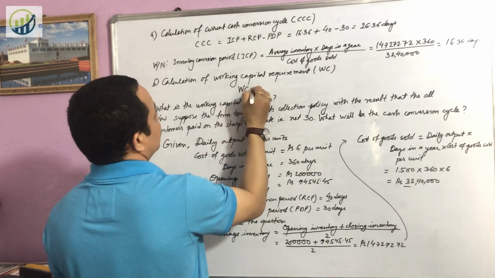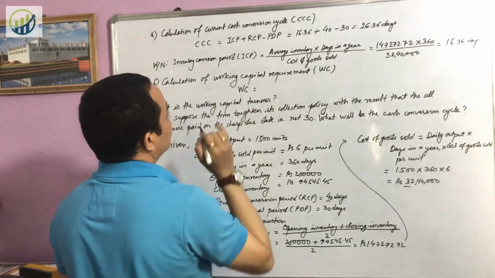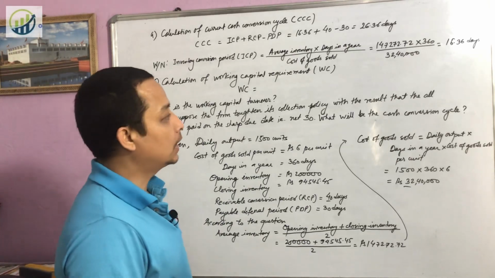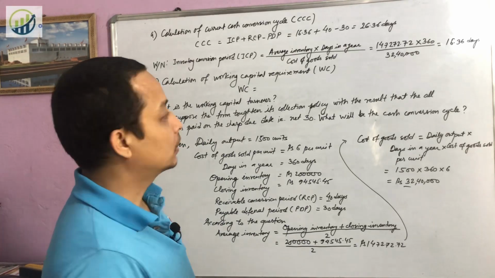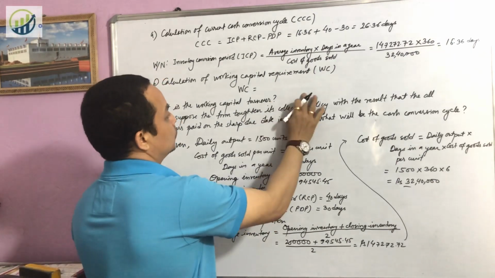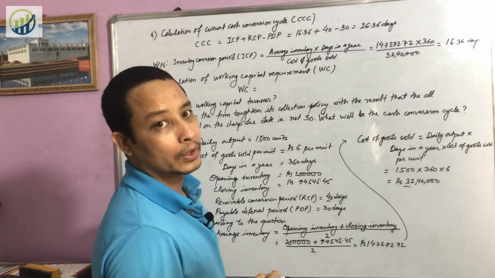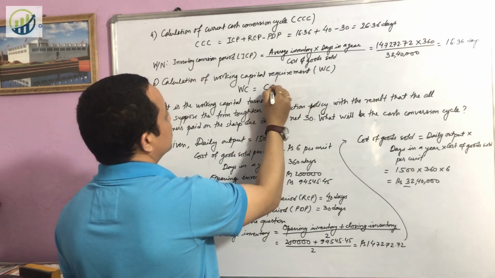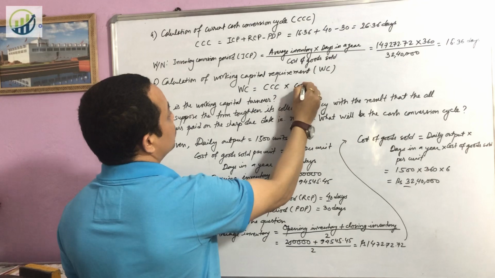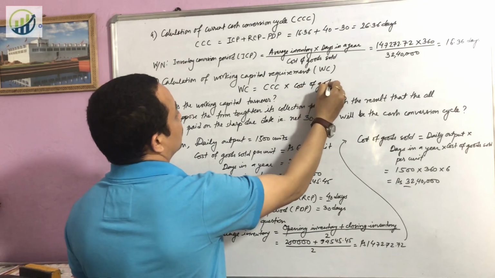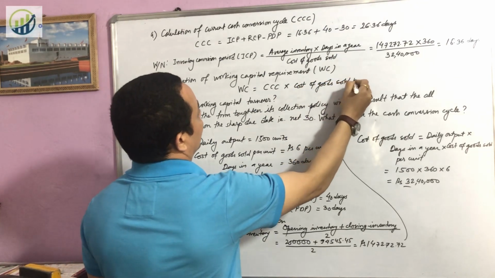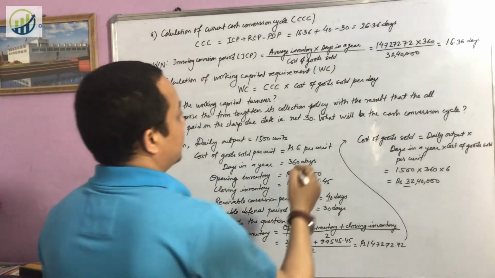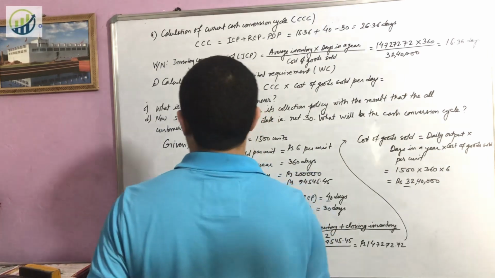So WC, working capital requirement, equals, here you will need cash conversion cycle and cost of goods sold per day to find the working capital. So here cash conversion cycle CCC into cost of goods sold per day.